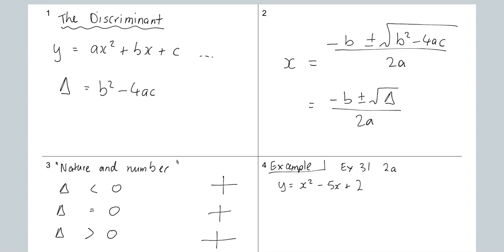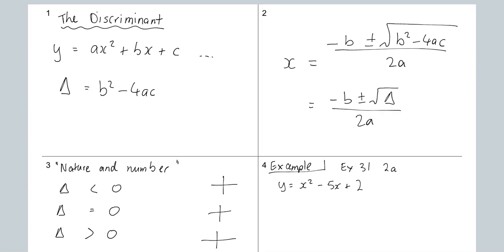The reason it's important to point out where it comes from is that if this is how we can solve for x, the two x-intercepts, or if I set the equation equal to 0, the two solutions for x, then what's happening underneath the square root sign will tell you a lot about what's happening with the x-intercepts, or the solutions to the equation when it's equal to 0.